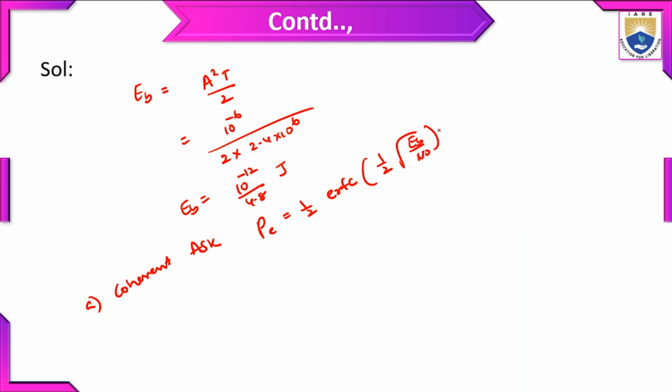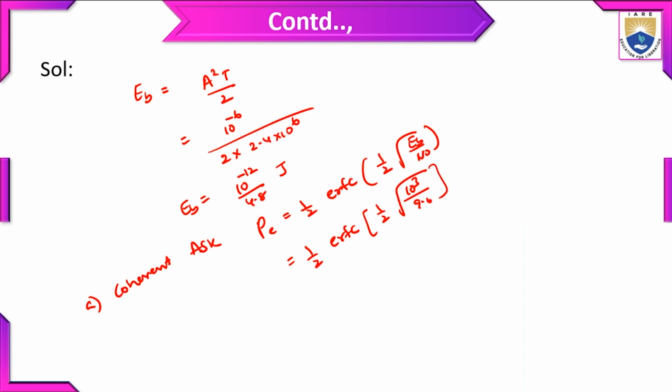You can substitute the values: energy per bit EB, so it is 10 cube divided by 9.6.